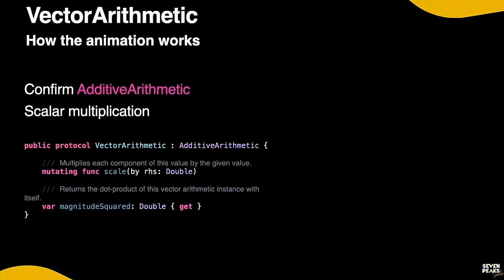And as an extension, VectorArithmetic provides scalar multiplication. It means any data type or object conforming to VectorArithmetic has the ability to scale itself up or down.